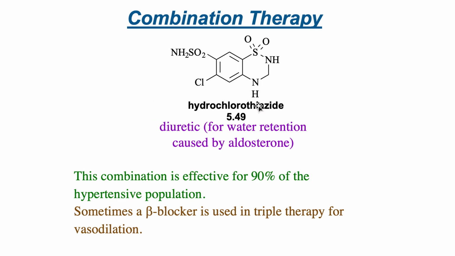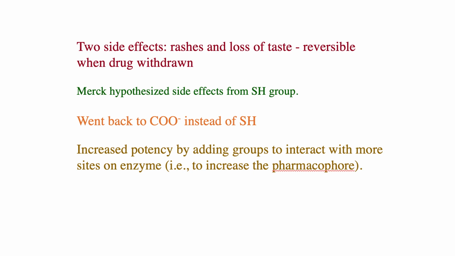So you have less water in your arteries, less water in your circulatory system, so that's going to lower the pressure. You are inhibiting the bradykinin breakdown, and the combination of the two is going to lower your blood pressure, and you can also use a beta blocker as well.